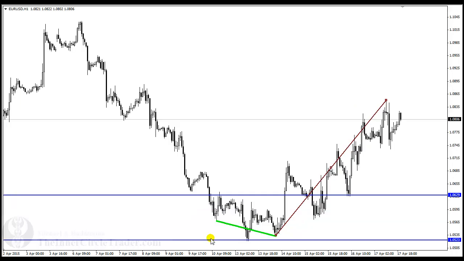The fiber moved what? Did it move 448? No, 315 pips. So which was the outperformer? Cable, clearly.